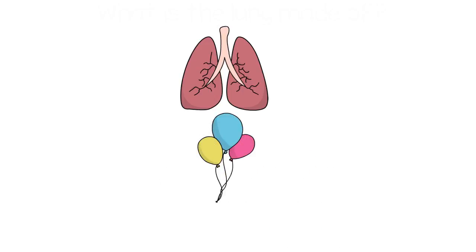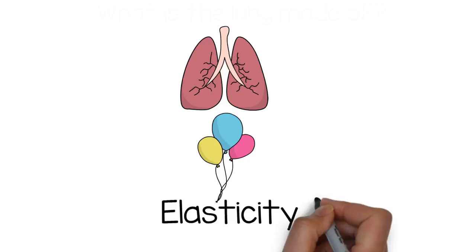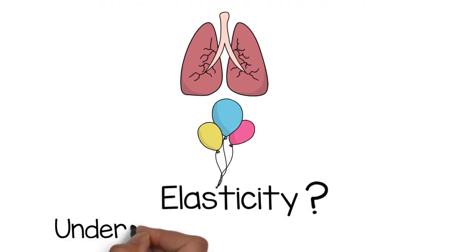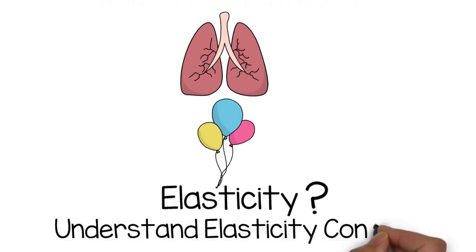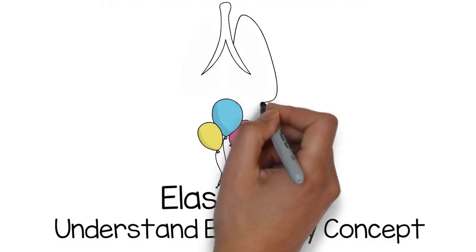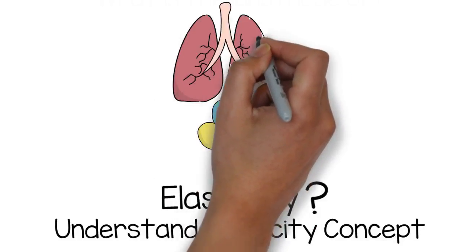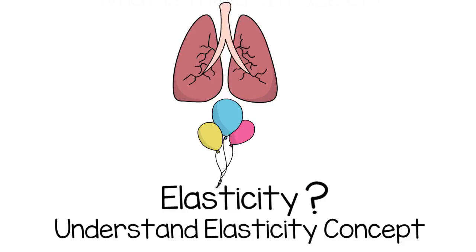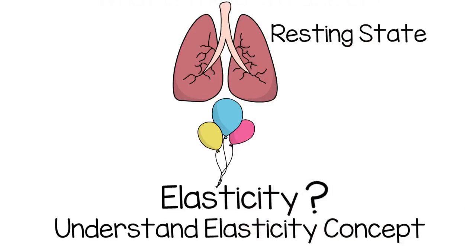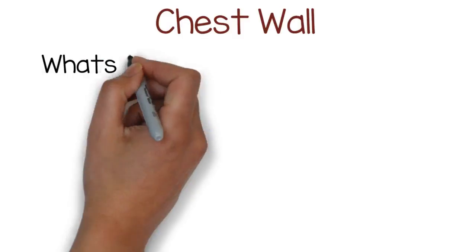When you blow air in them, what do they want to do? Contract back. Why? Because of elasticity. If you're wondering what elasticity is, go to our elasticity lecture to understand that concept. This is an important thing to remember, that the lungs always want to contract back to their resting state, their baseline.